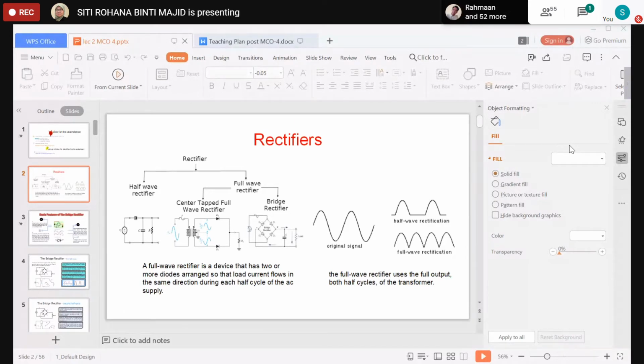So this gives the advantage of using four diodes instead of two in a conventional two diode full wave rectifier.